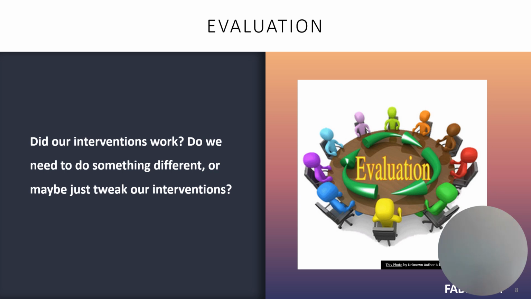So, did our interventions work? Do we need to do something different or maybe just tweak our interventions? Every time we do something with our clients, we have to evaluate. So, our expected outcomes of the nursing care would include the client is verbalizing the signs and symptoms of preeclampsia, the treatment plan, and the implications as they specifically relate to her pregnancy.